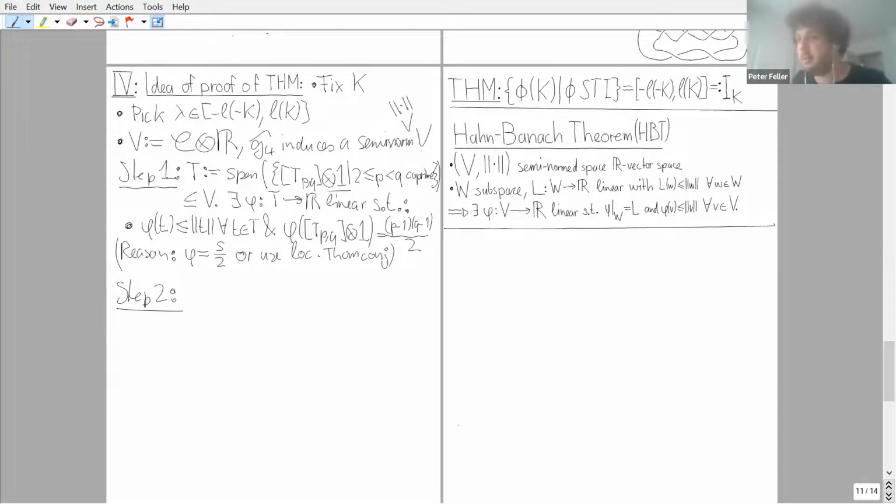That's not particularly impressive. Second step, I'm going to look at an element in my vector space that is K tensor 1. So I look at where the knot goes if you try to map from your abelian group into this vector space.